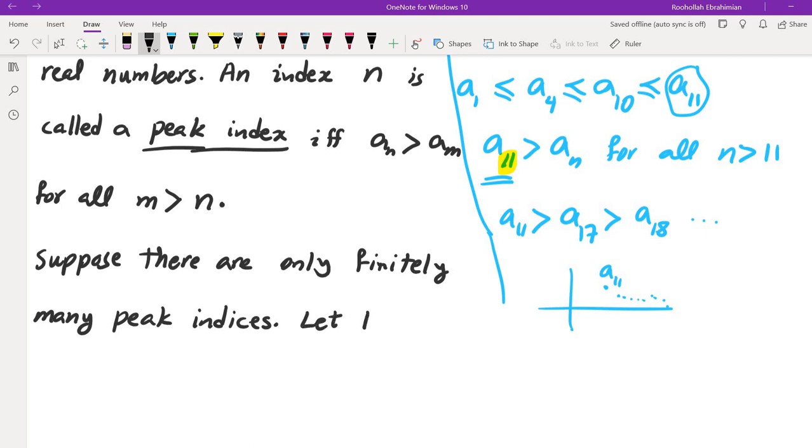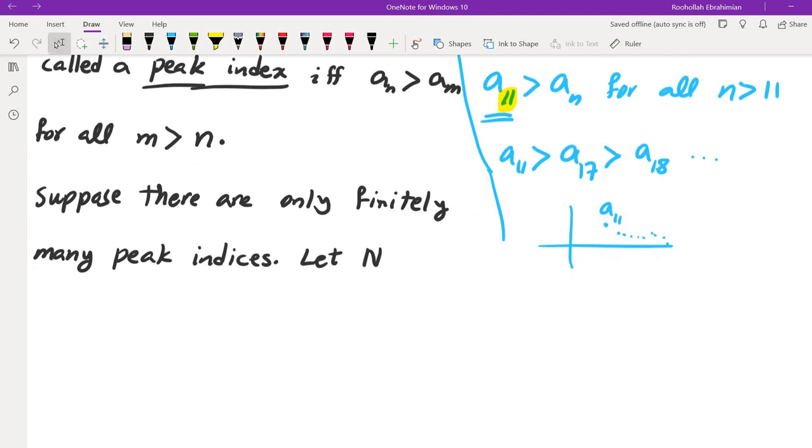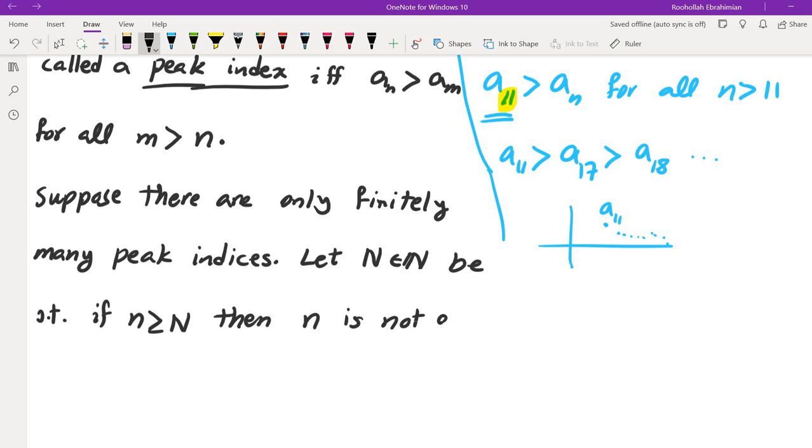Let N be a positive integer such that if n is greater than or equal to N, then n is not a peak index.